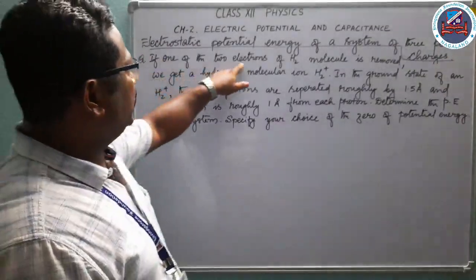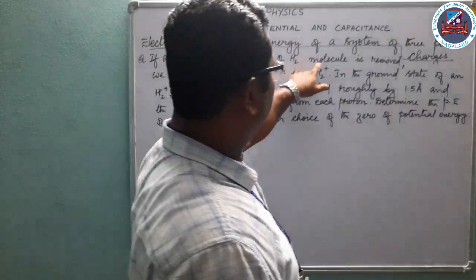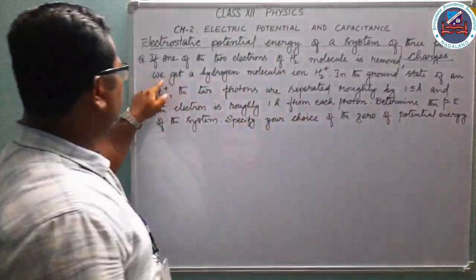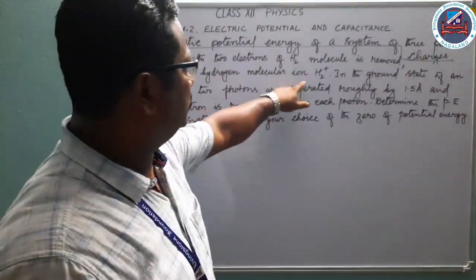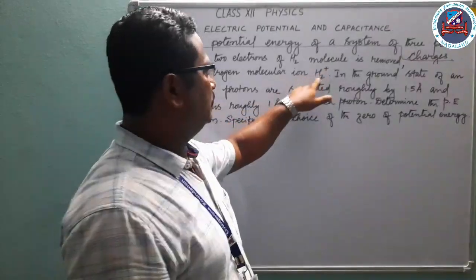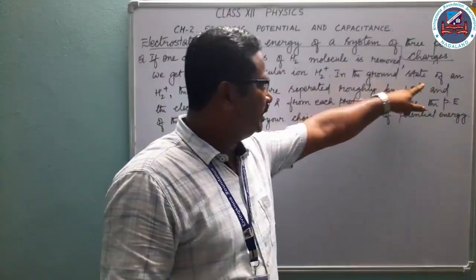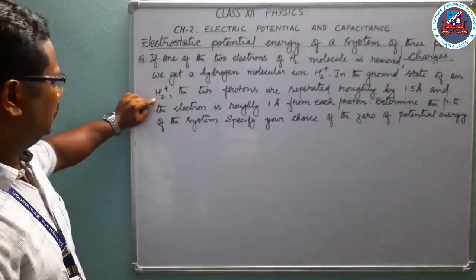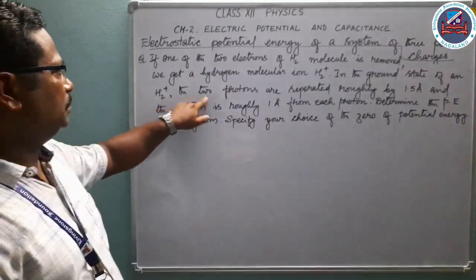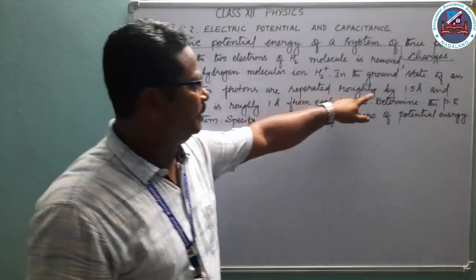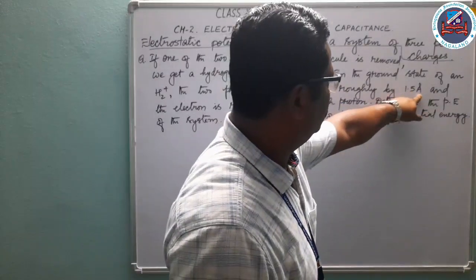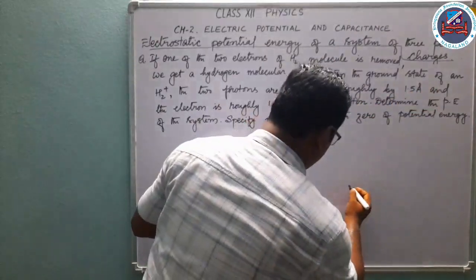If one of the two electrons of hydrogen molecule is removed, we get a hydrogen molecular ion, that is H2 positive hydrogen ion. In the ground state of a hydrogen positive ion, the two protons are separated roughly by 1.5 angstrom unit. So let us draw the diagram.